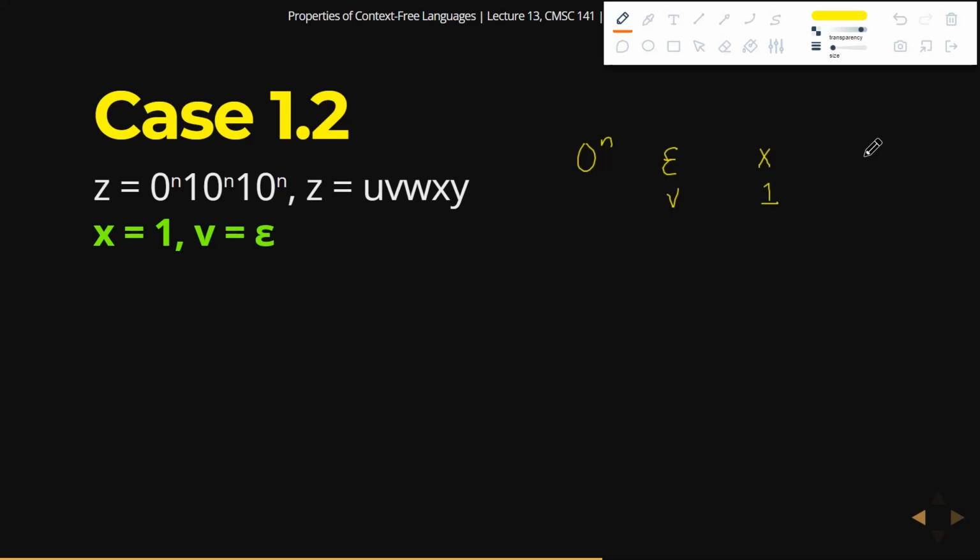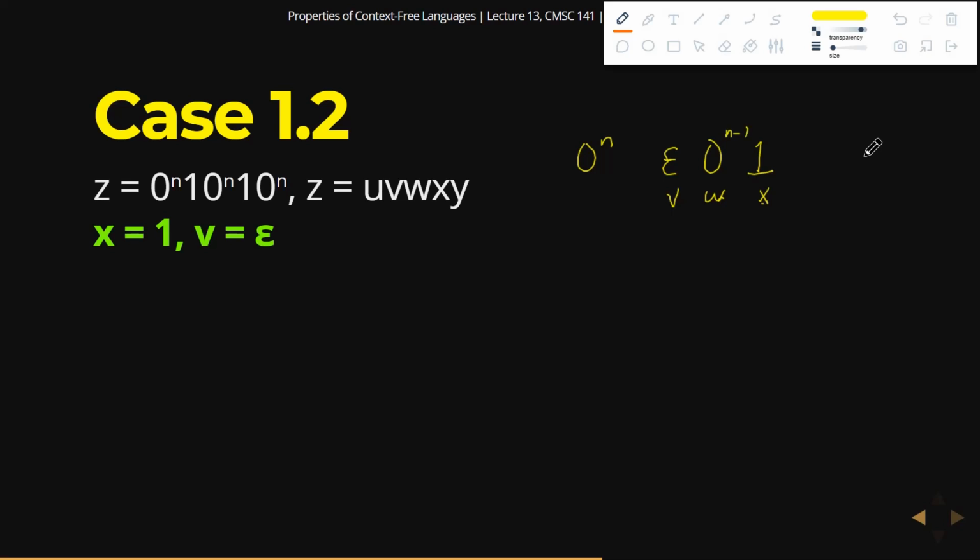Okay? So the w here, oh sorry, I should have switched that one. 1 should be on top, and then x should be here. So w should be here, and it can only have 0 to the n minus 1, I guess.